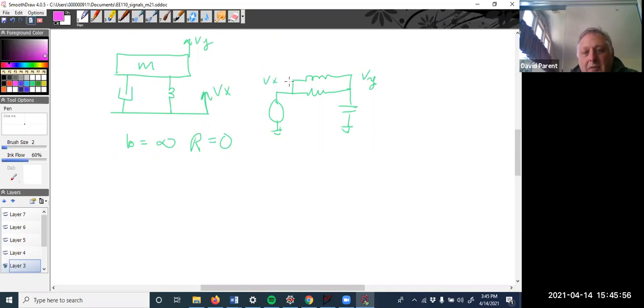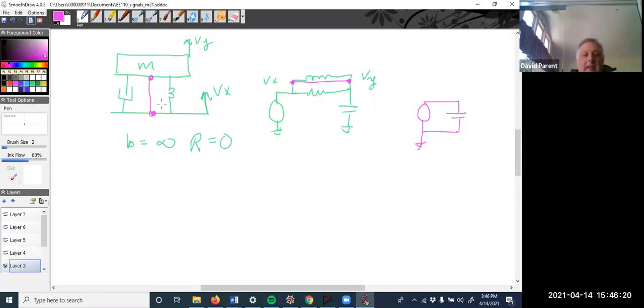So if R equaled 0, that would be a short across the resistor, which also shorts the inductor, right? And it just means that really this mass is connected to the platform with a steel rod.